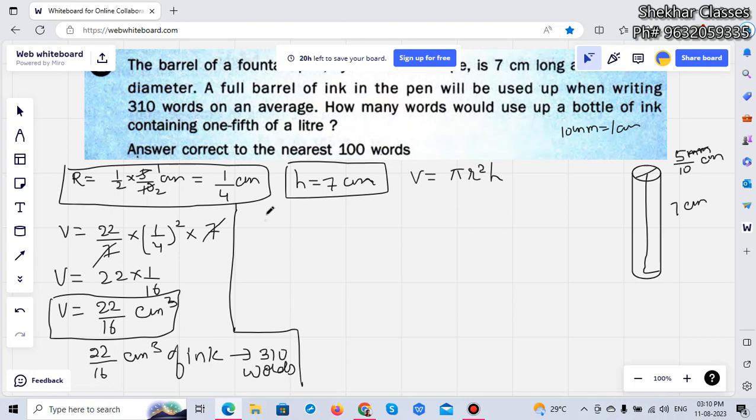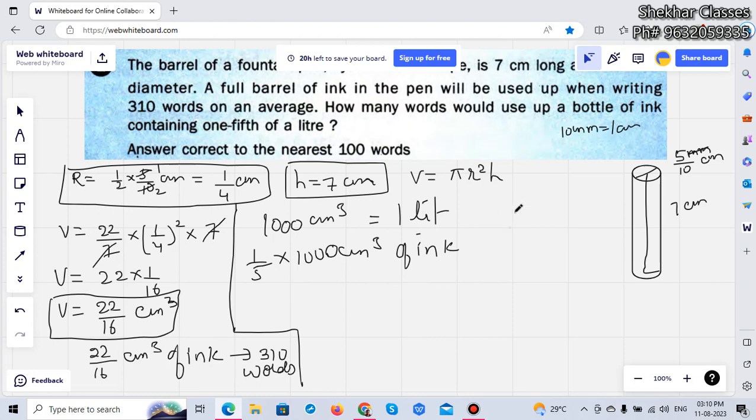We know that 1000 centimeter cube is equal to 1 liter. So how much is the ink? 1/5 of it. So 1/5 of 1 liter is 1/5 of this much centimeter cube of ink. They're asking 1/5 of these many centimeter of ink will write how many words.